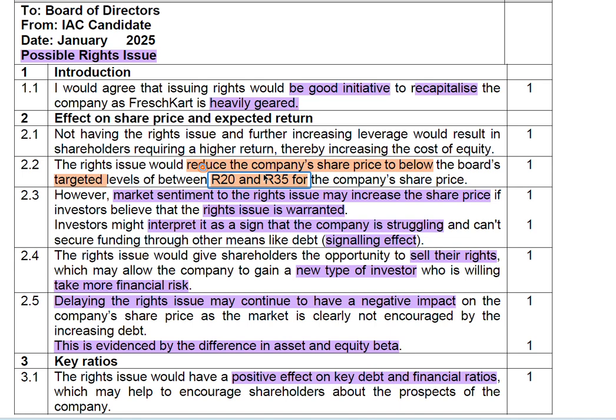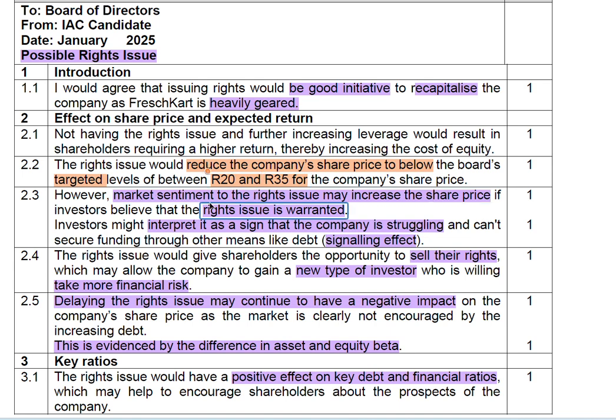Can you see how you are using the information from the scenario and what you've calculated to evaluate? So we are using our calculation on top and then corroborating with information that was provided in the scenario. We were told that the board target for the share price is in the range of 20 to 35.